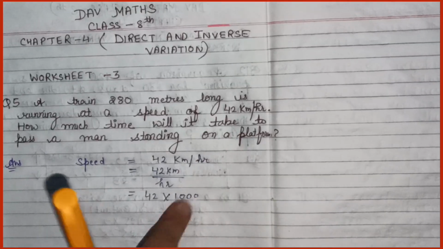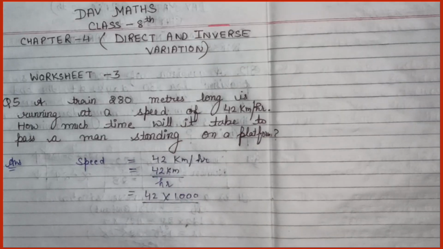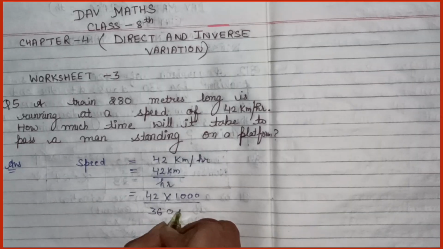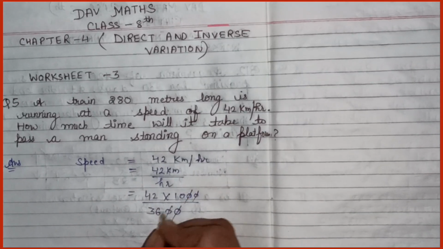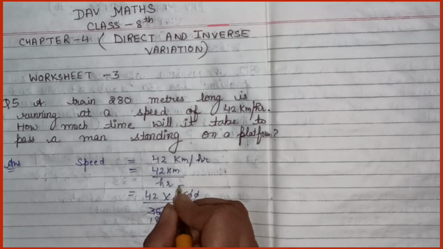Then this kilometer is converted into meter, upon, and we know that there are 3600 seconds in 1 hour. So I write 3600. Then the double zero cancels the double zero. This is an even number: 2 ones are 2, 2 8s are 16, 2 5s are 10.